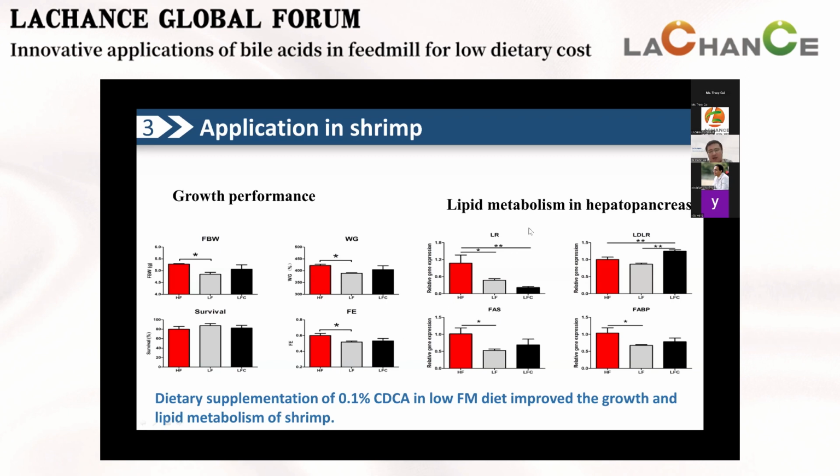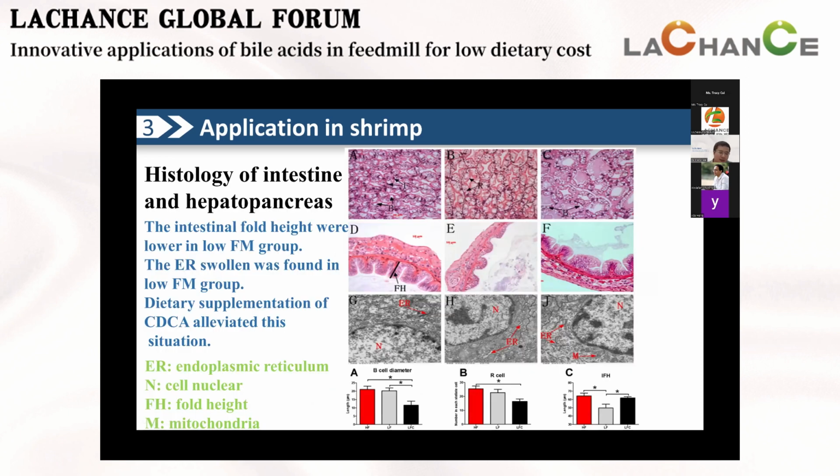And also for the lipid metabolism in the liver, we can see it's also improved by the supplementation of the bile acids. And we also detected the histology of the intestine and the liver.